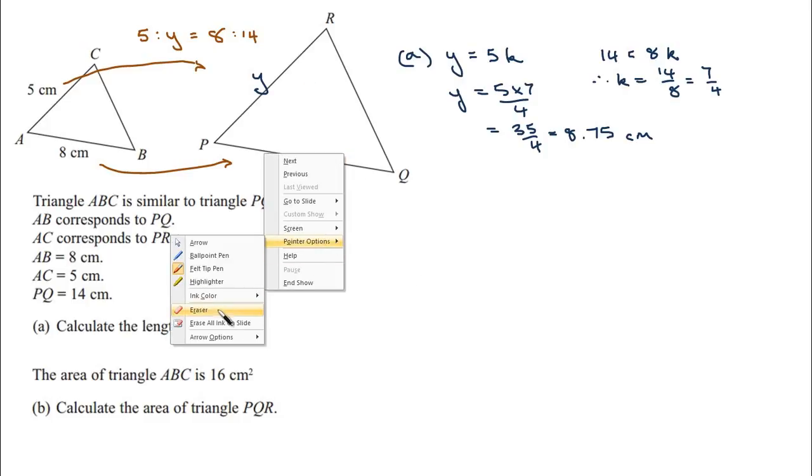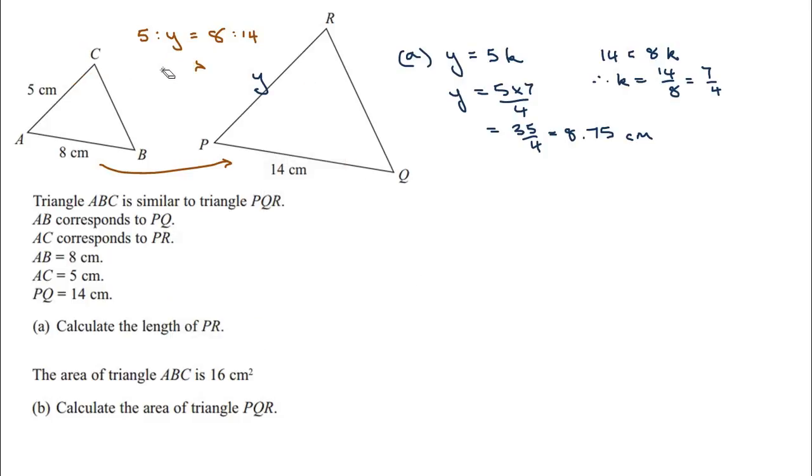Okay, so how do I get from 5 to 8? I must multiply by 8/5. So that must be the same as I move from y to 14.